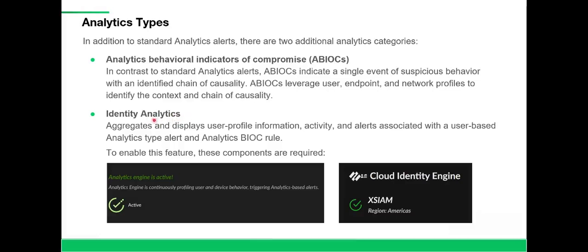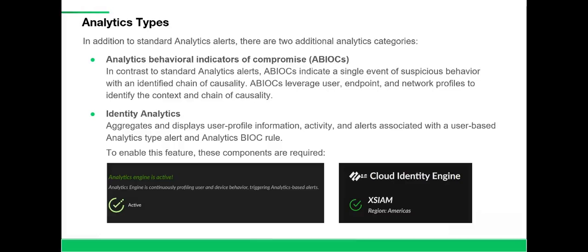The identity analytics will provide additional detectors, focused on user profiling. Same idea, it will have specific profiles to learn from user activities, to identify malicious users' activities. So basically it expands the UABA functionality on XIAM.